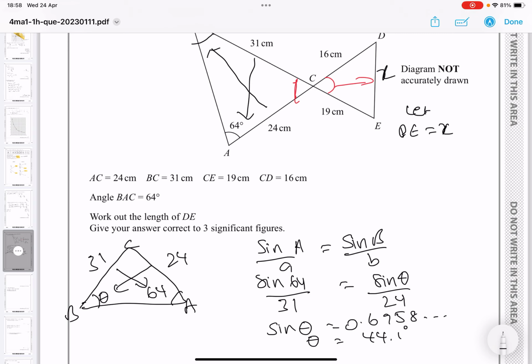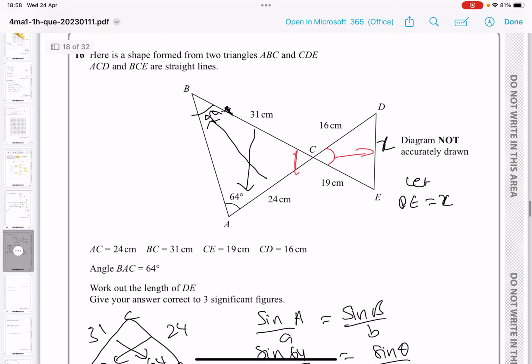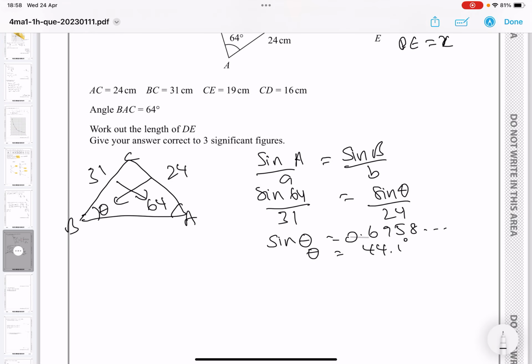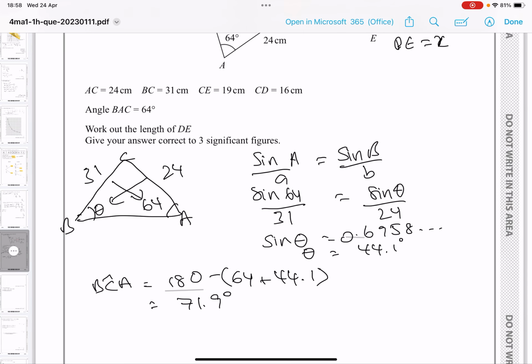Now that we've worked out that this is 44.1 degrees, you can work out angle BCA, which is going to be 180 minus (64 plus 44.1) degrees, because in a triangle there's 180 degrees. That should give you an answer of 71.9 degrees. So angle BCA is 71.9 degrees.